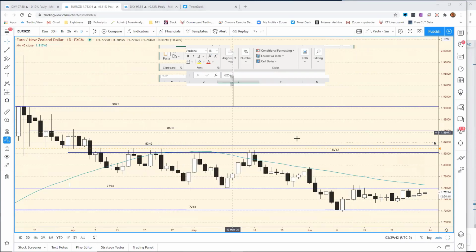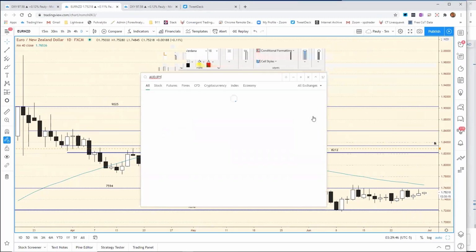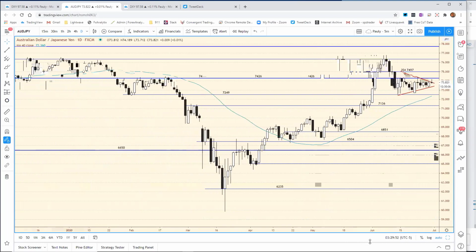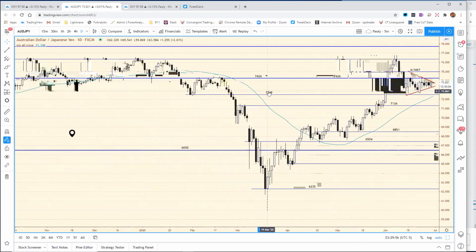And let's move into the Aussie yen. Well, it looks like we're trying to break, just trying ever so hard.